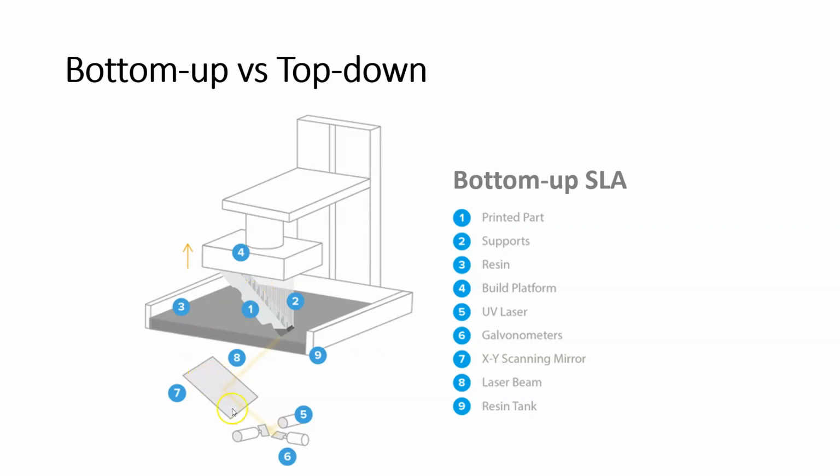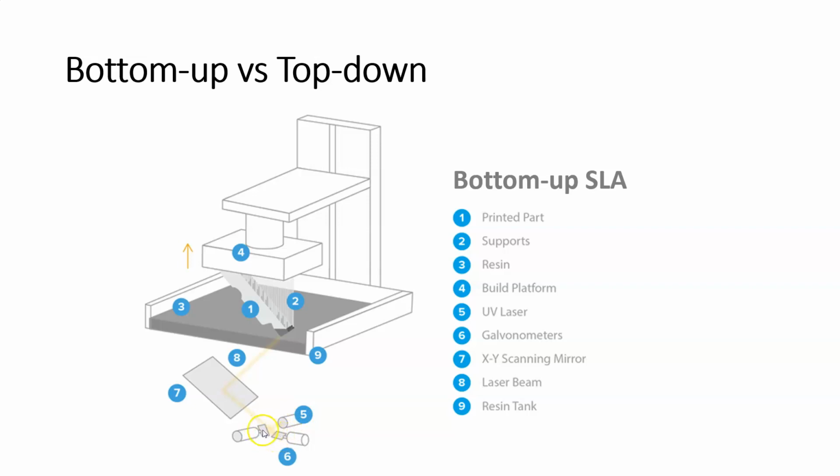So you can see down here in this example, we have the mirror, right? And the lasers that are shining onto this. Actually, we have some galvanometers down here as well. The laser is number 5. So the laser is shooting off of this.